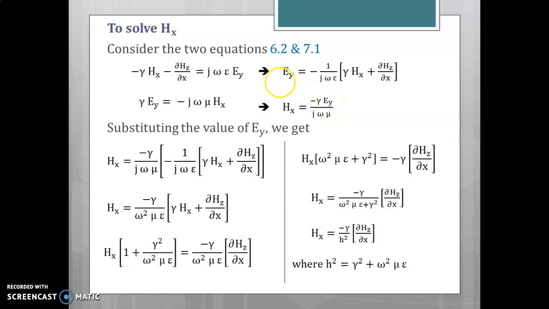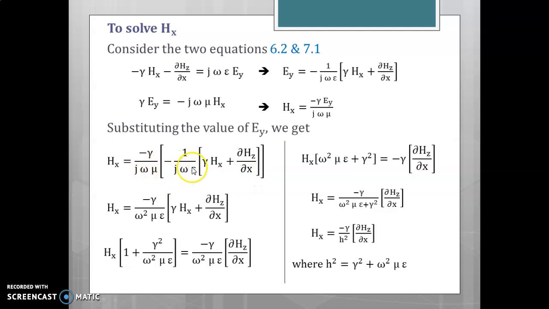Now substitute the value of Ey in the equation for Hx. So I will get minus gamma divided by j omega mu multiplied by minus 1 by j omega epsilon multiplied by gamma Hx plus dou Hz by dou x.